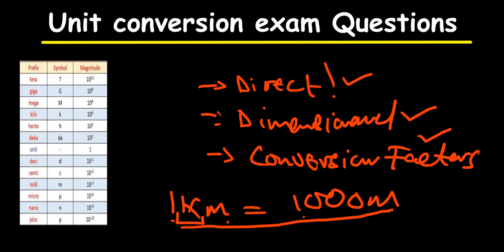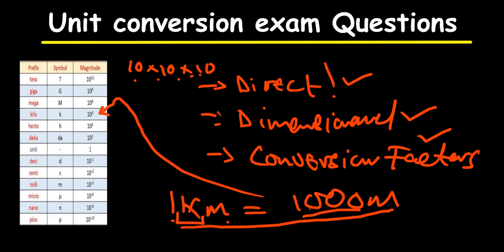When you go to the metric table, you see that a kilo is 10 to the power 3. What is 10 to the power 3? It is 10 multiplied by 10 multiplied by 10, which gives you 1000. This is the same method we are going to be using under direct conversions, converting from a given unit to a smaller unit.